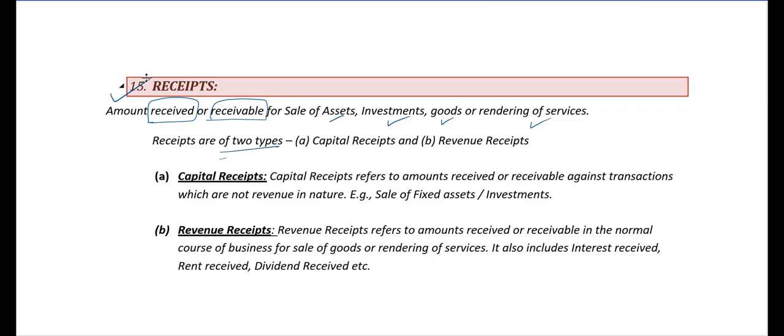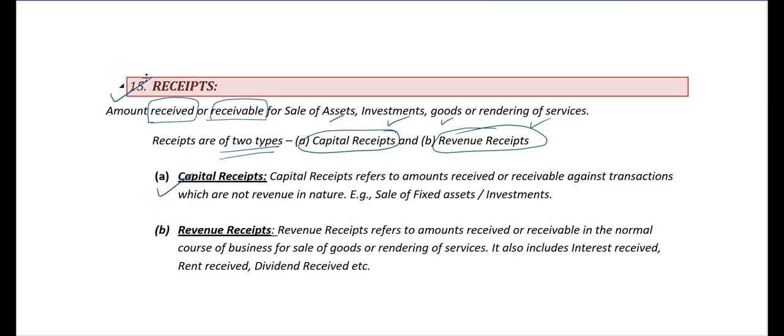There are two types of receipts. The first one is a capital receipt and the second one is a revenue receipt. So what are capital receipts? Capital receipts refer to amounts received or receivable against transactions which are not revenue in nature. So what is revenue in nature? The normal course of business of selling of goods or rendering of services, that is a revenue activity.